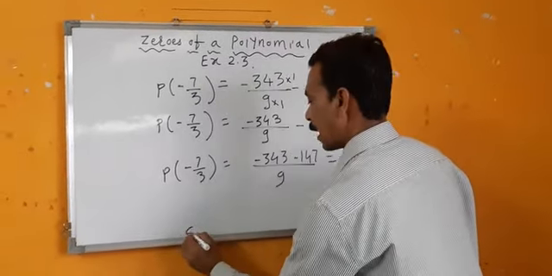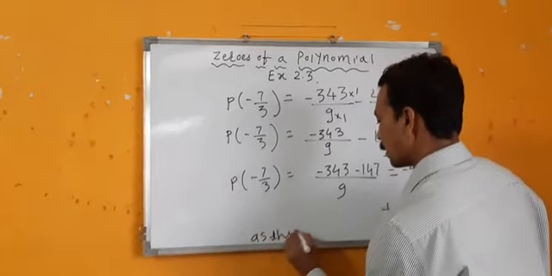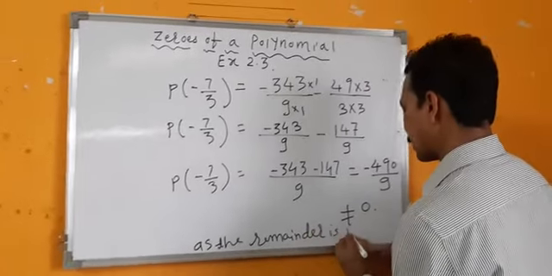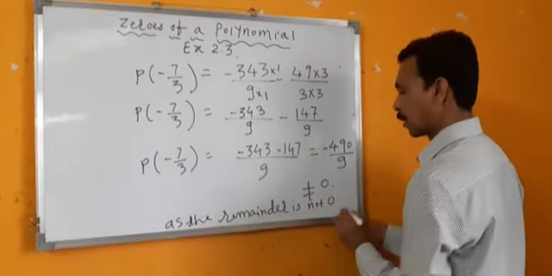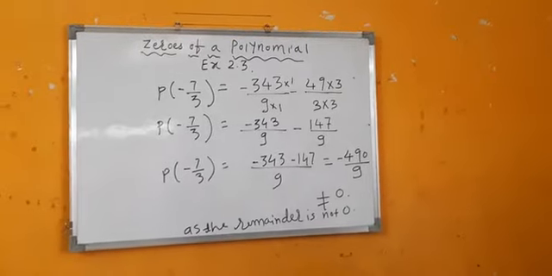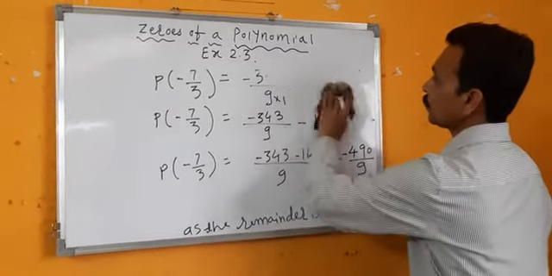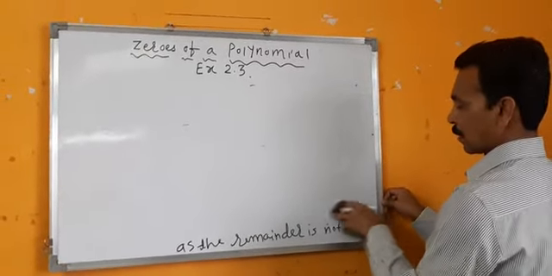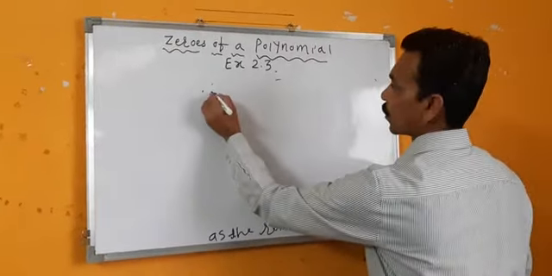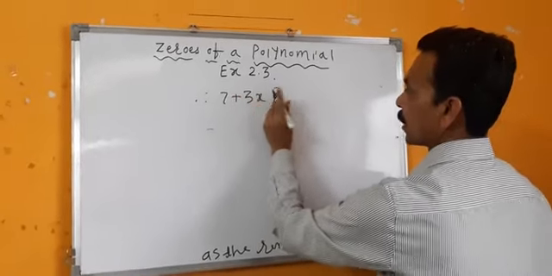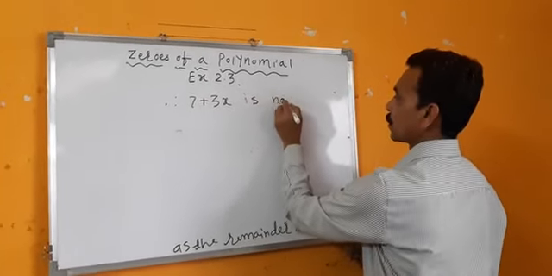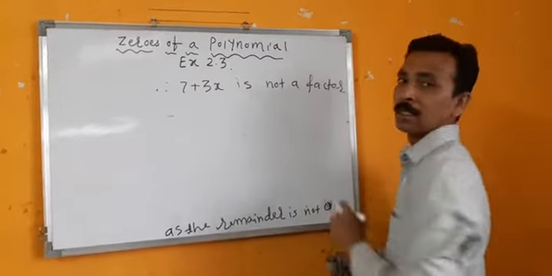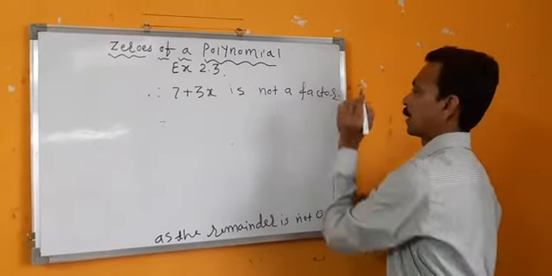So I will write here: as the remainder is not 0, therefore 7 plus 3x is not a factor. Done.